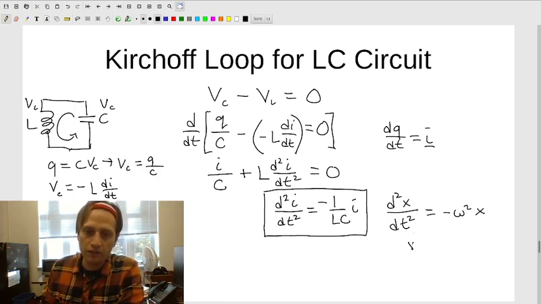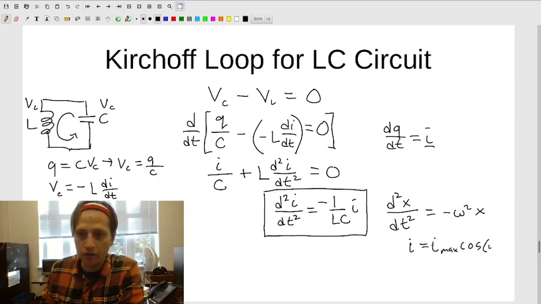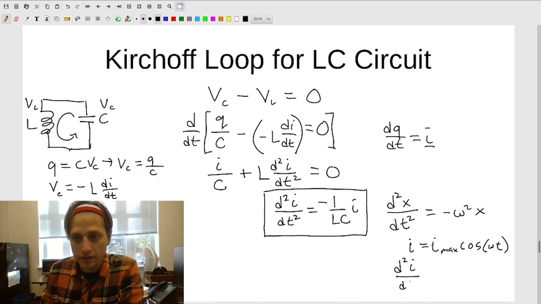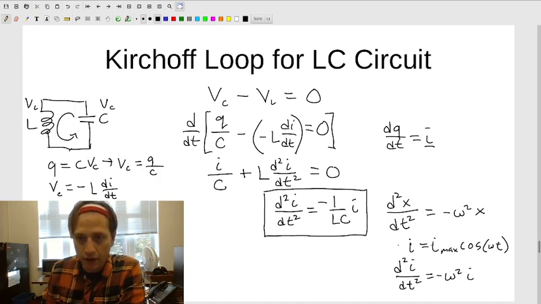It's because if I have any x, or in this case I, that is some I max times cosine omega t, so if I have that kind of sinusoidal dependence, then I would get d squared I dt squared equals minus omega squared times I. So if you have this form, you will get an extra factor of omega squared out front.